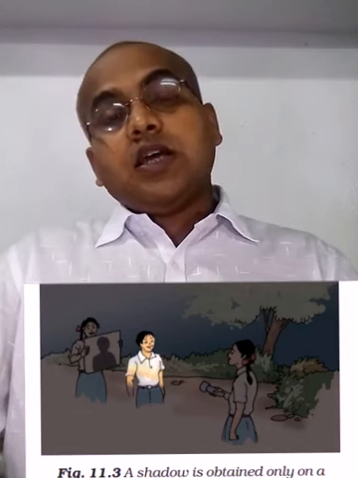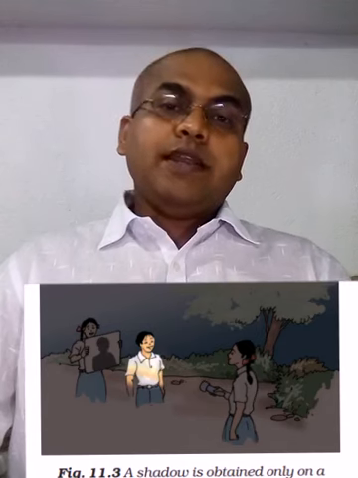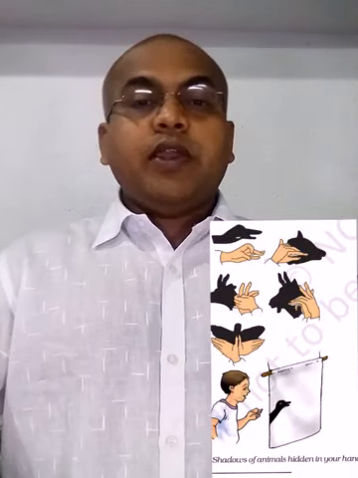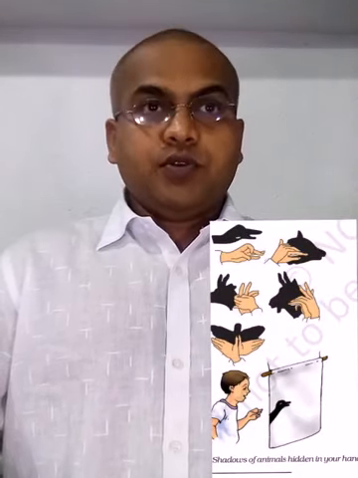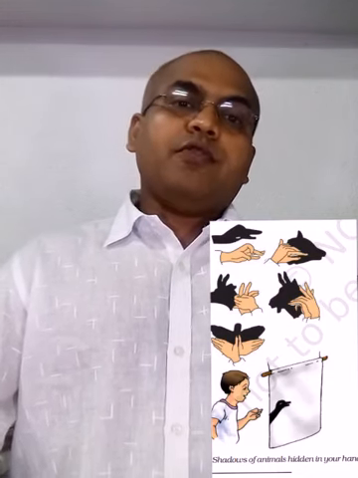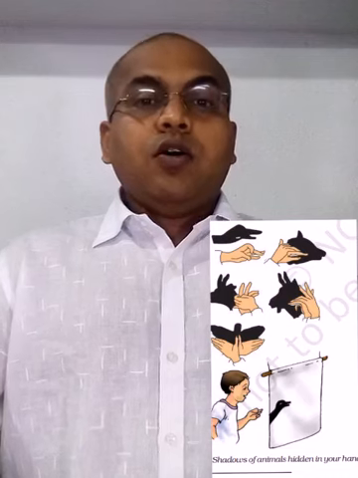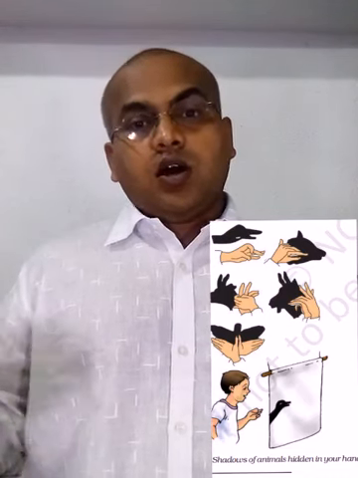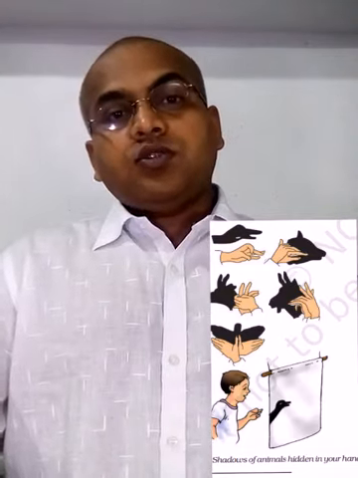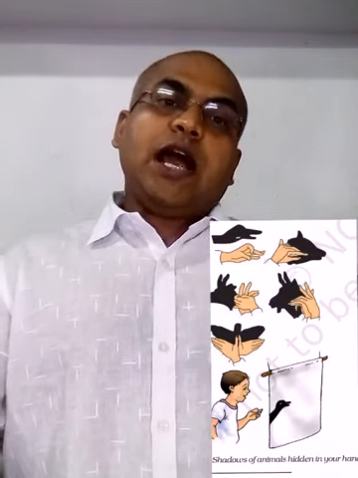But if there is no big tall building or big trees, then we are not able to see the shadow. At that moment we will use a cardboard. Just put the cardboard in back of your friend and put the light of the torch on your friend's body. Then you are able to see the shadow on the cardboard.